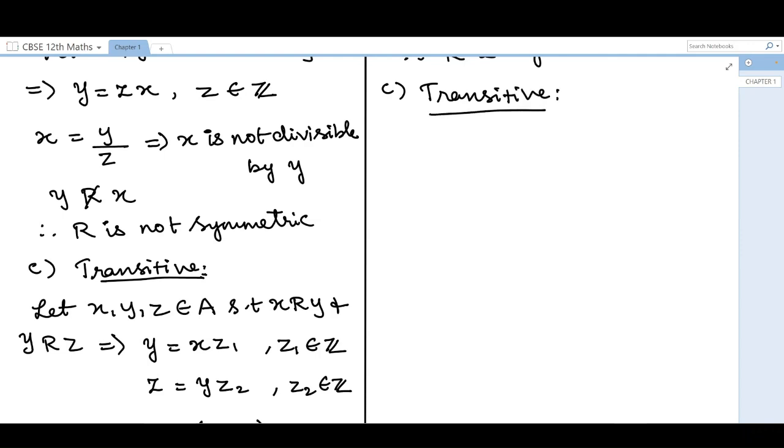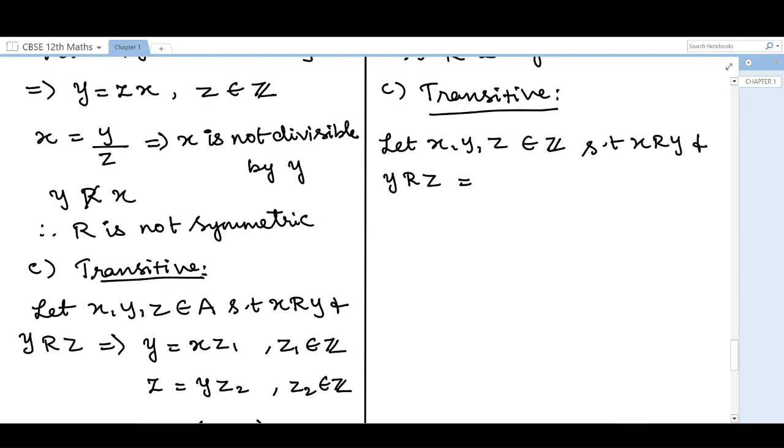Third one, transitive. So if you take three elements x, y, z in the set of integers such that x is related to y and y is related to z, from this what we could say is x minus y is an integer and y minus z is also an integer. Now what we have to prove is x is related to z, that is, x minus z should be an integer.